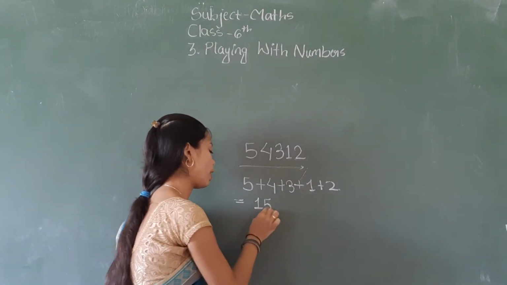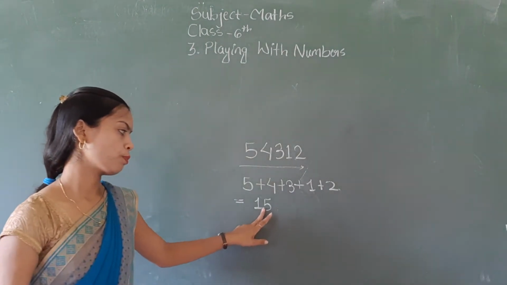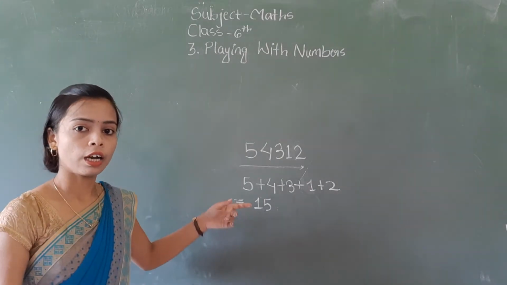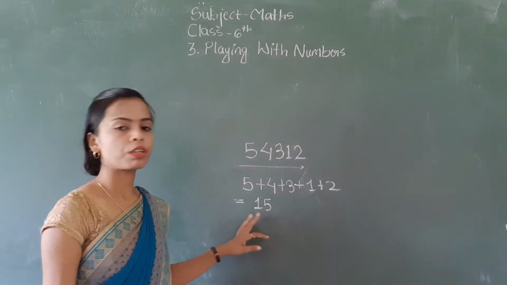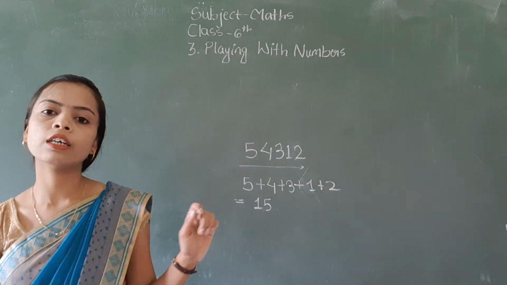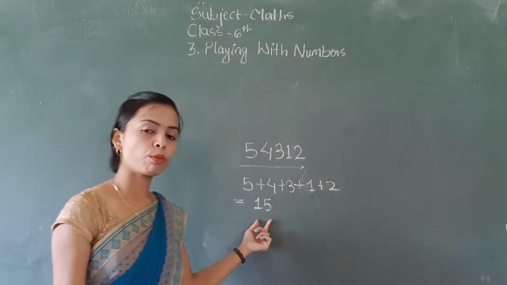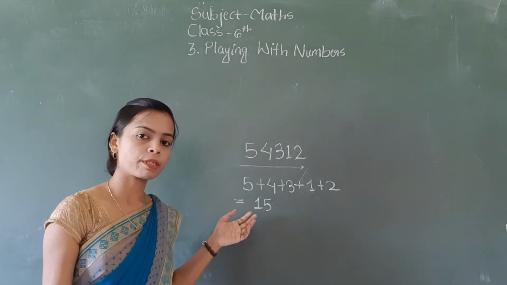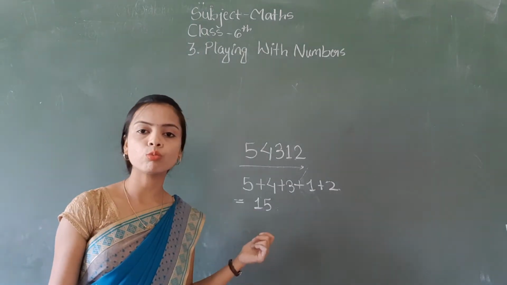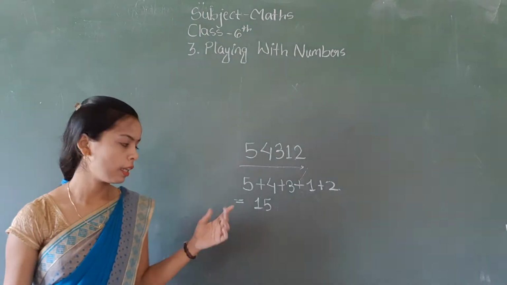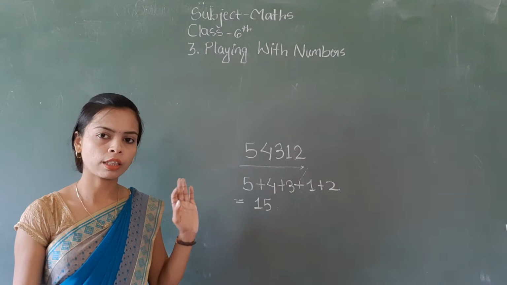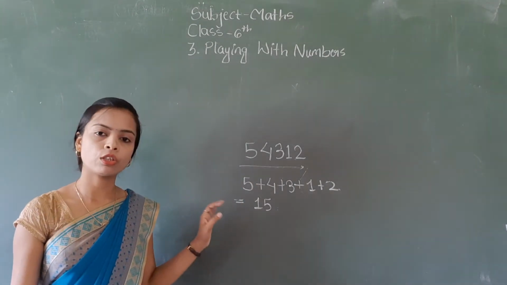Now, you can check directly whether this number comes in the table of 3 or not. Because 15 comes in the table of 3, this number is divisible by 3.